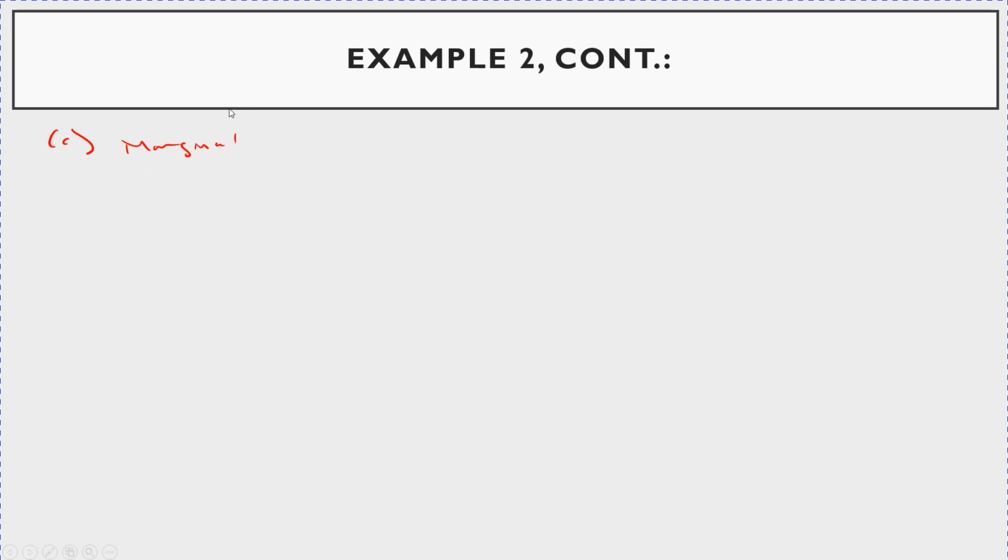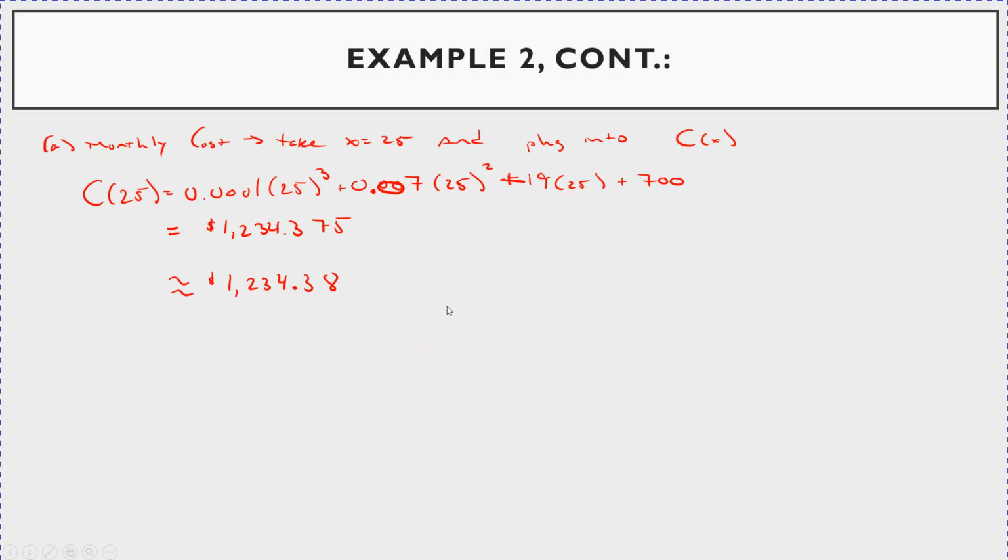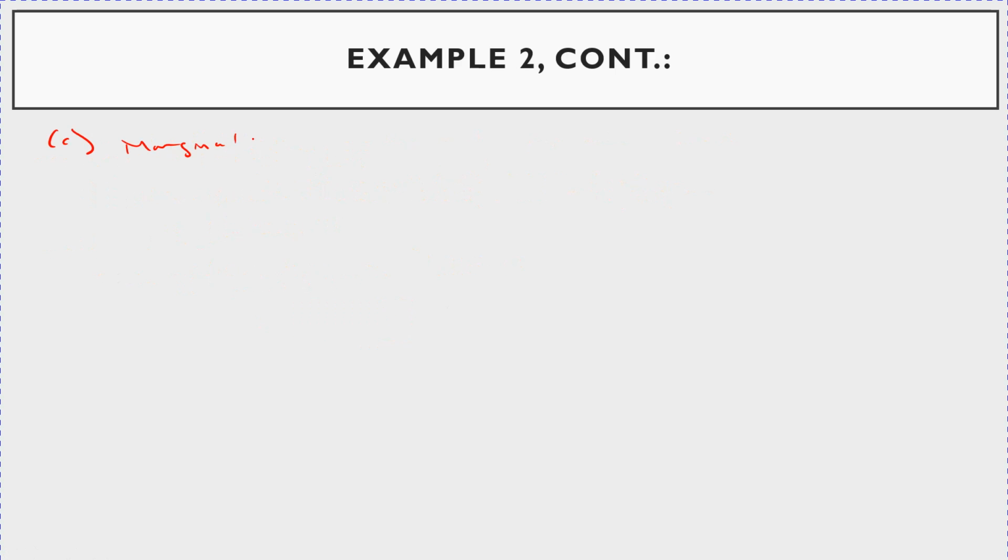The problem said, find the marginal cost when x is equal to 25. So here we use C prime of x. If you take the first derivative, you'd end up getting 0.003 times x squared plus 0.14x plus 19.